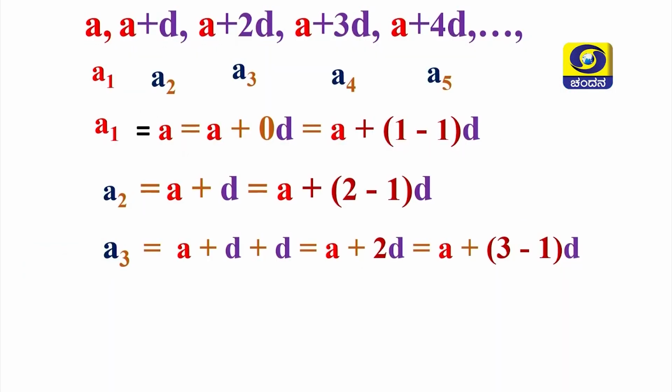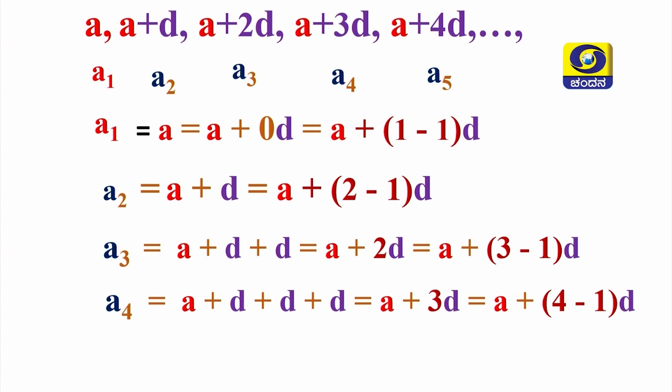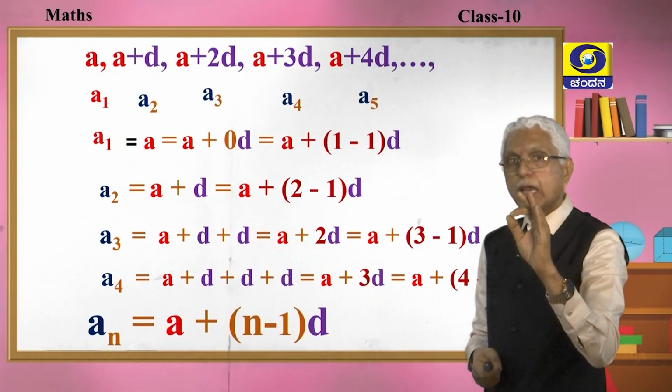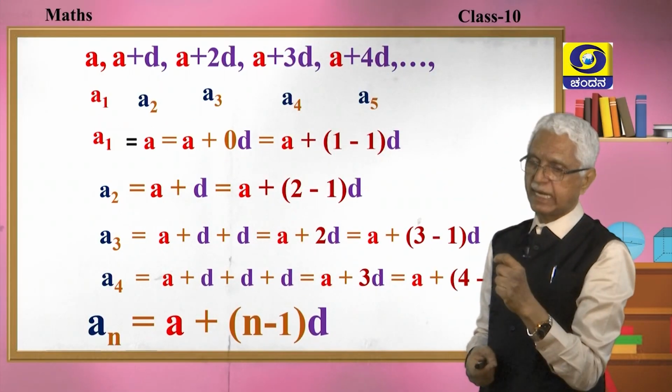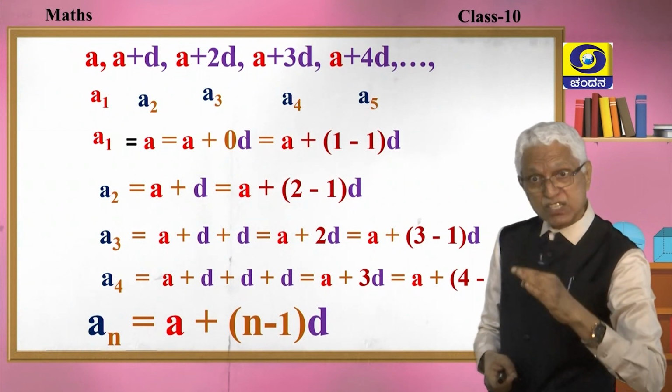First example, A1 is A. A can be written as A plus 0D. That 0D has no value. It remains A. For convenience, A is written as A plus 0D. Observe in the next step that 0 is written as 1 minus 1. Do you observe in the bracket there? A2, how do you get A2, the second term? First term plus the common difference.